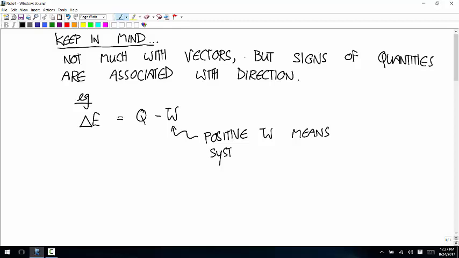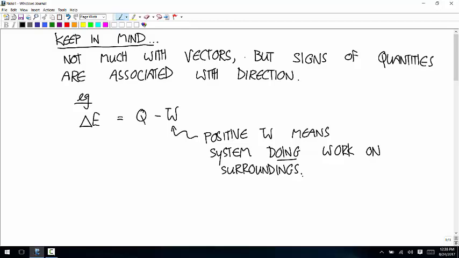Okay, so it means the system is doing work on the surroundings. Okay, that seems like a weird choice. And if you think about work with the sign convention that you're used to from Physics 1, you're going to get all these problems wrong. And you want to get some of them right.